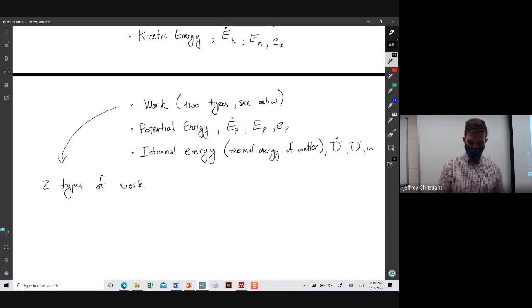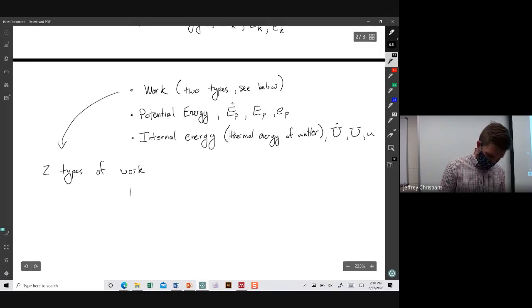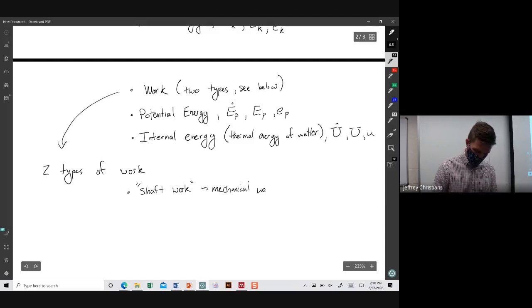The first type of work is what Jack said, what we'll call shaft work, which is mechanical work from a moving thing, or moving machinery.